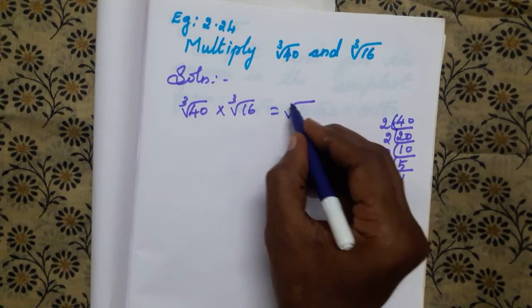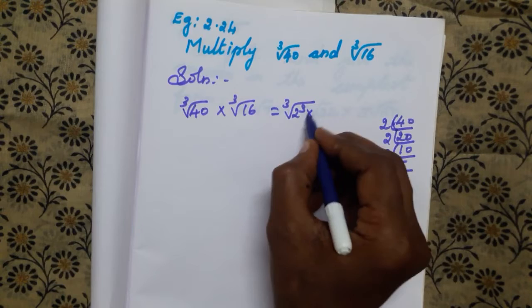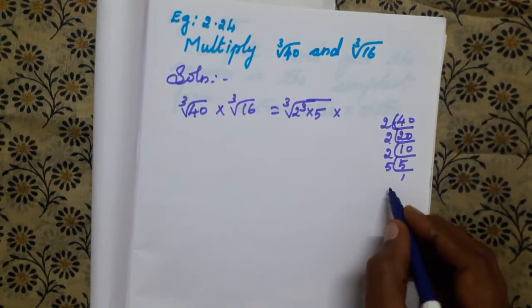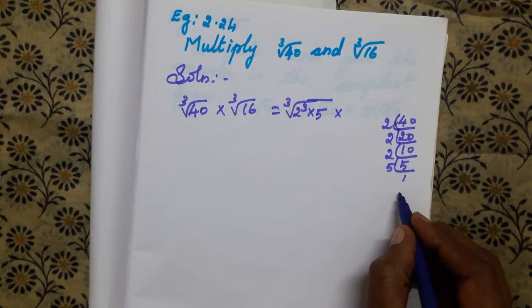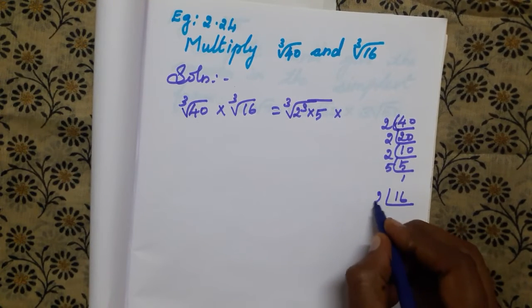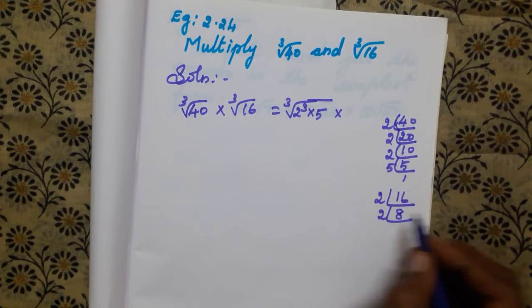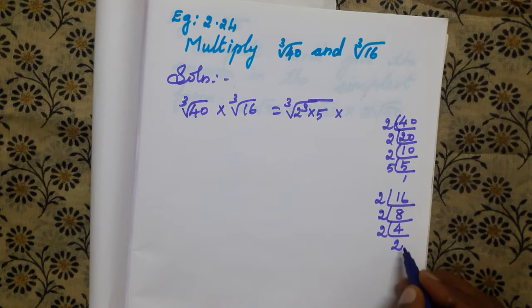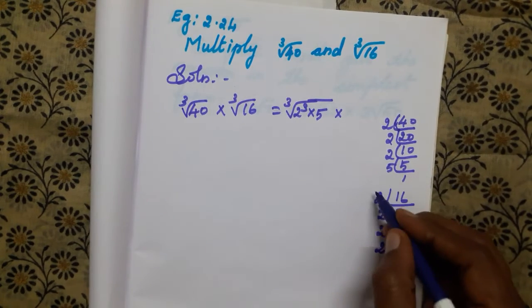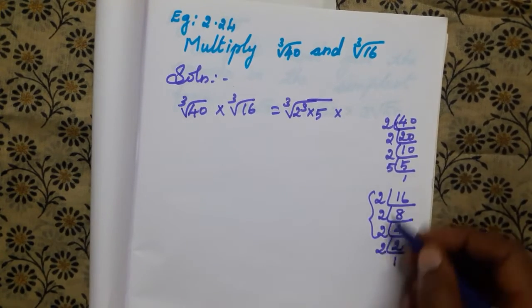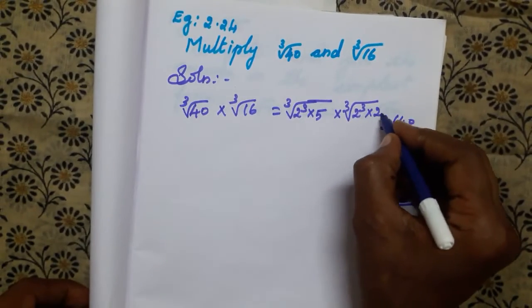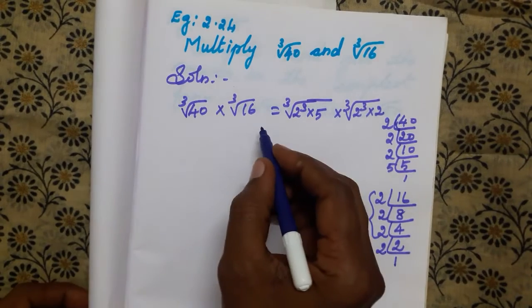So equal to cube root of 2 cube into 5, into next 16. Can we factorize this 16? Yeah, we can factorize. 2 table 8, 2 table 4, again 2 table, 2. So how can we write? 2 cube into 2. Can you understand this?